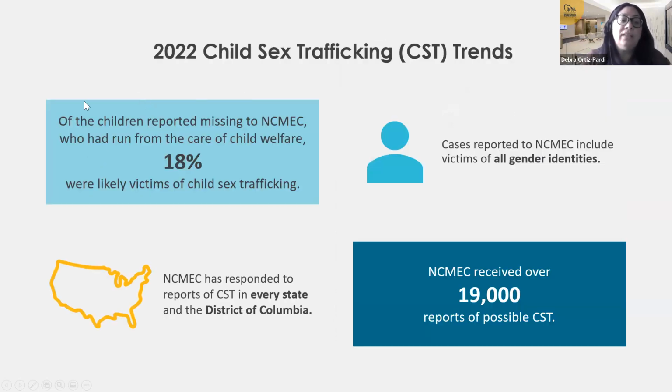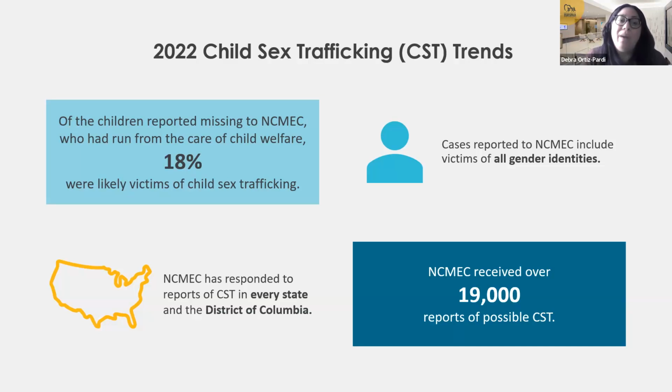Some additional trends, last year overall, we received over 19,000 reports of possible child sex trafficking cases. You'll note here that about 18% of children reported missing to NCMEC were also missing from child welfare. We receive reports on CST across the country in every community.